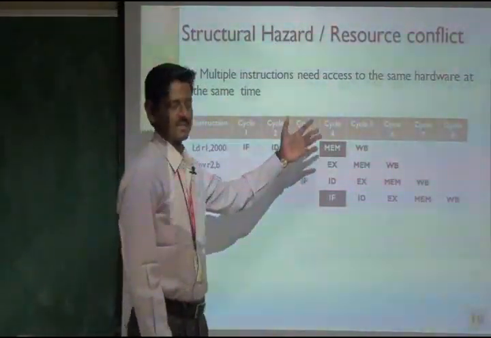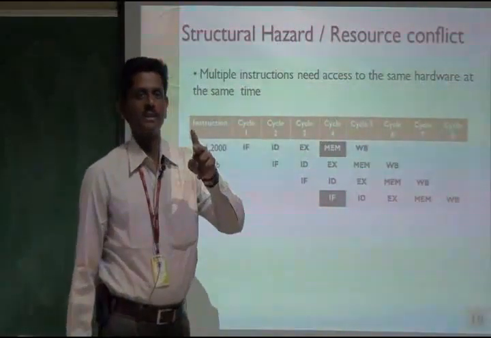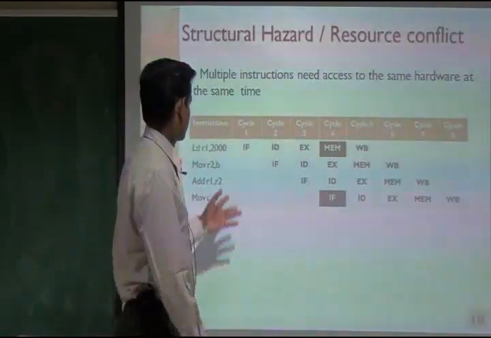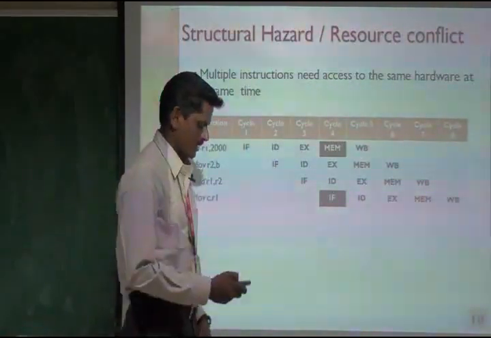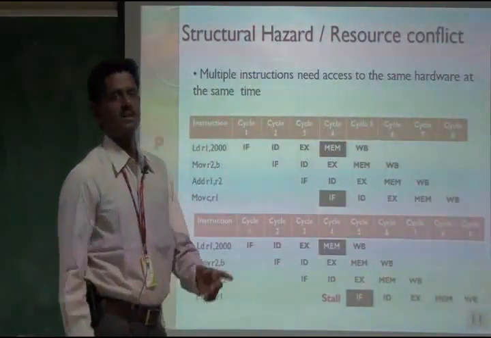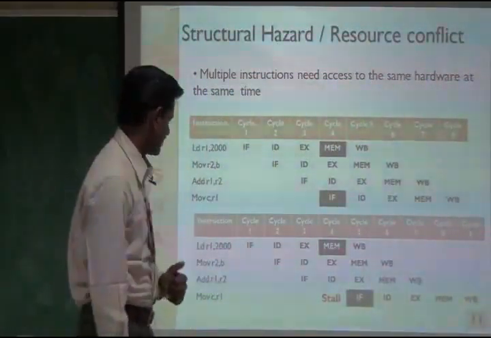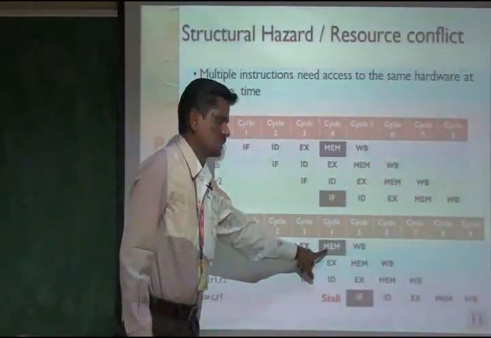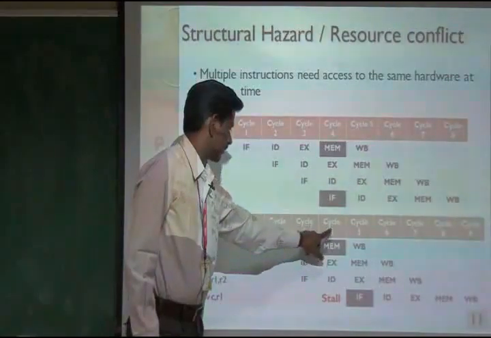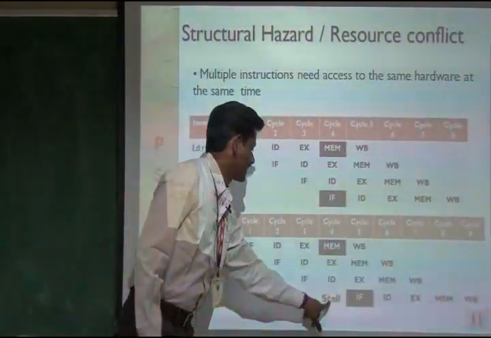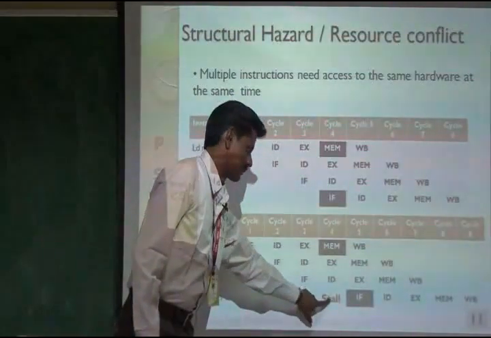So this is called structural hazard: more than one instruction tries to access the same resource. So no other way, we need to apply a stall. A stall is nothing but a delay operation. Now look at the diagram. The load operation does a memory operation in cycle 4. It is not possible to do the fetch here, so a stall is applied.